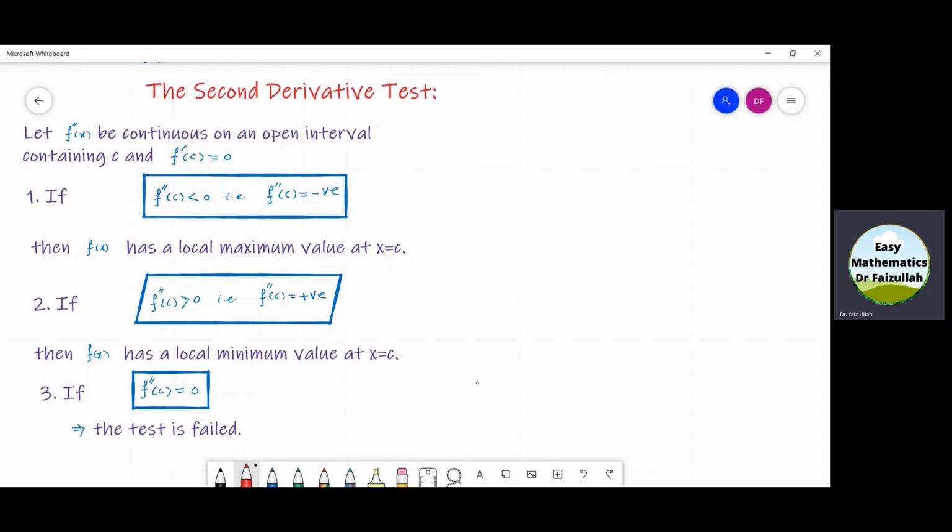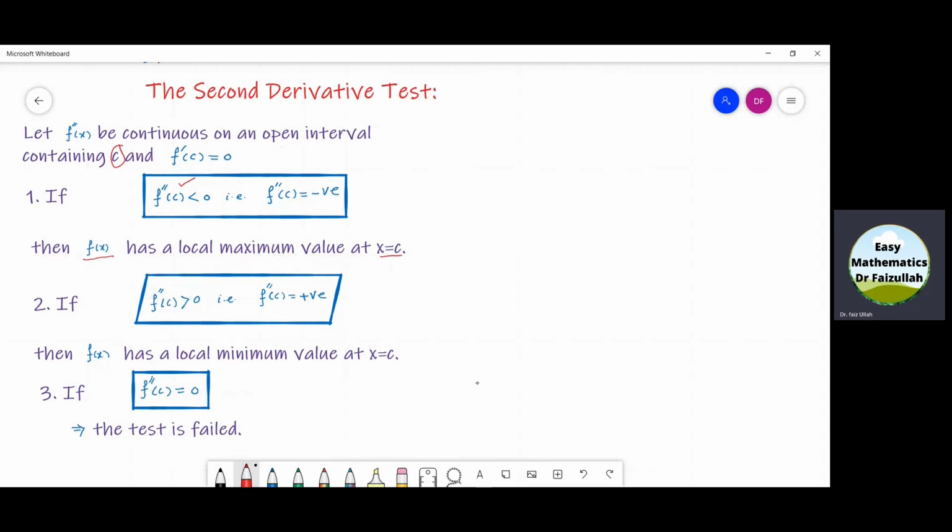The second derivative test is easier than the first derivative test. As usual, we find the critical point C, and now we put that point in f double dash of x. And if f double dash of C is less than 0, it means if f double dash of C is equal to some negative number, then the function f of x has a local maximum value at that point.